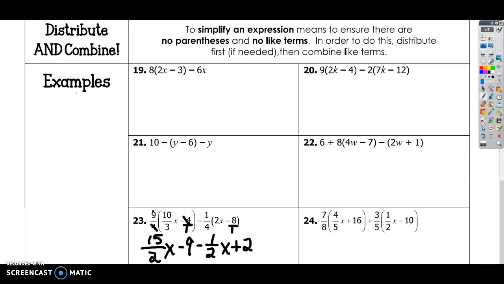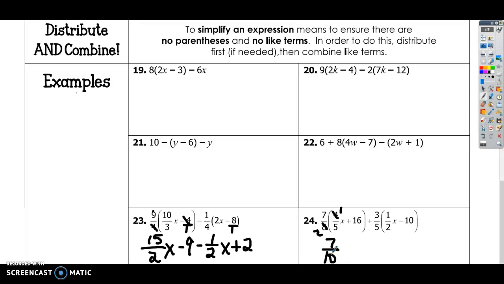All right. Now 24. The first thing I'm going to do is see if there's anything I can reduce. 4 and 8 are both reducible by 4. 4 goes into 4 one time. 4 goes into 8 2 times. So this just makes it a little easier to simplify. So now I've got 7 times 1 and 2 times 5.